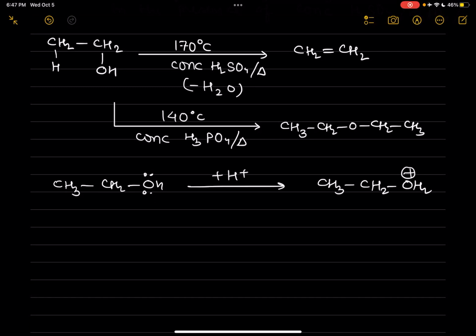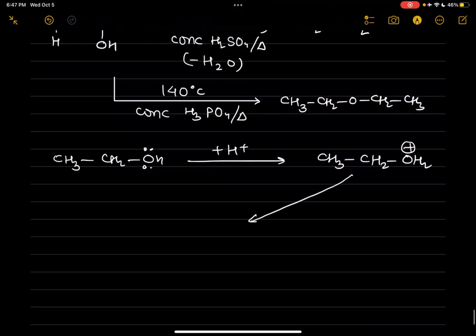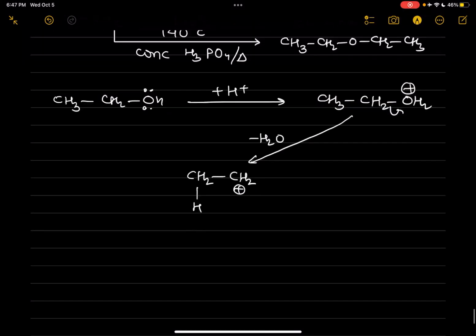One option is that the OH comes out as water, leaving behind a carbocation, and the H plus is also removed by heating with concentrated H2SO4. But that occurs at high temperature.